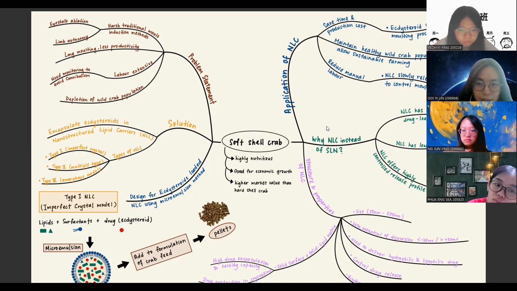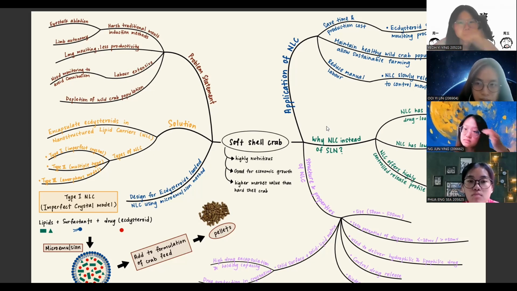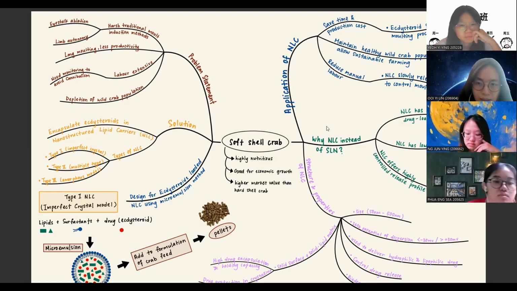The dual lipid matrix in NLC, which you can see in the figure, allows for higher drug loading capacity and improved encapsulation efficiency. The presence of solid lipids enhances the stability of the NLC, and NLC also offer controlled and sustained drug release, providing a more predictable and prolonged release profile.